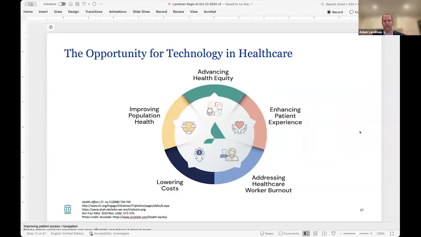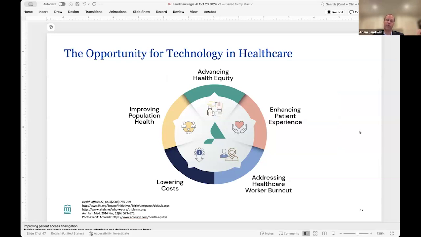And I always like to start, while I'm a technophile and I love talking about technology, what I'm here for, and I suspect all of you, is that we really want to have an impact in healthcare, right? We want to meet the quintuple aim of healthcare. We want to improve population health. We want to make healthcare delivery more efficient. We want to improve the experience, the quality and safety of healthcare.